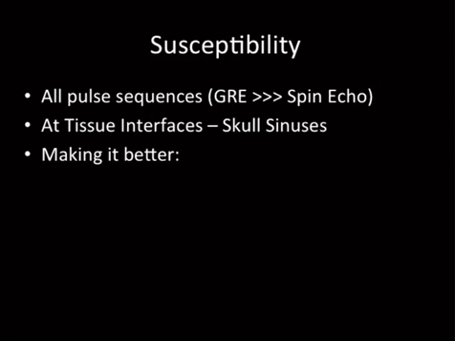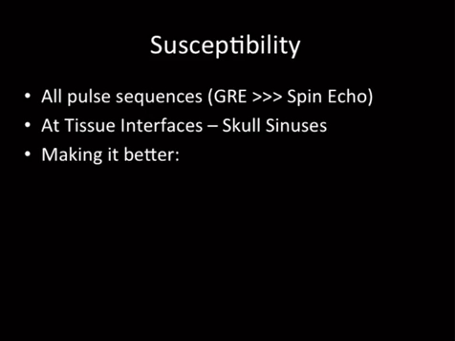So everything is susceptible. I mean, spin echo and gradient echo both are vulnerable to this. But it's much worse with gradient echo because it doesn't have that 180-degree refocusing pulse that defines the spin echo sequence. You see it at abrupt tissue interfaces. An example would be the skull and the sinuses.